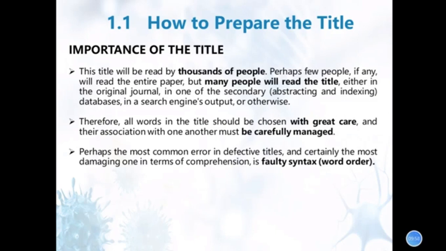Among them, perhaps few people, if there are any, will read the entire paper. But many people will only read the title, either in the original journal, in one of the secondary, like abstracting or indexing databases, or in a search engine output or otherwise.